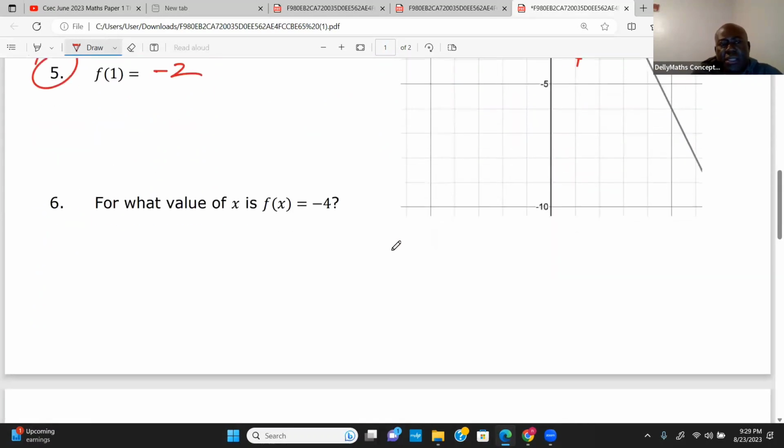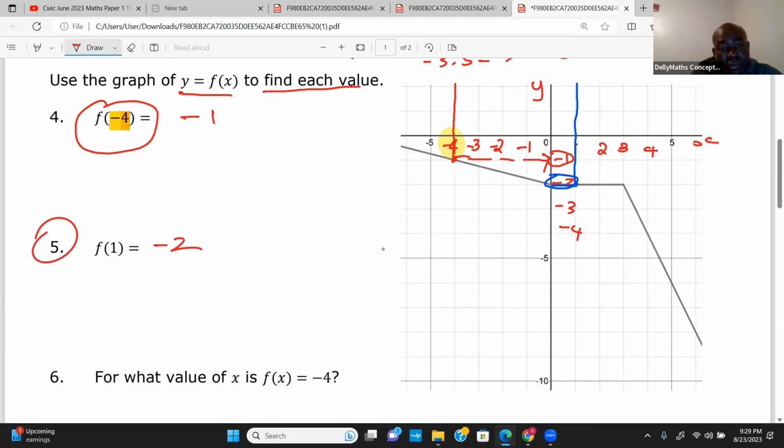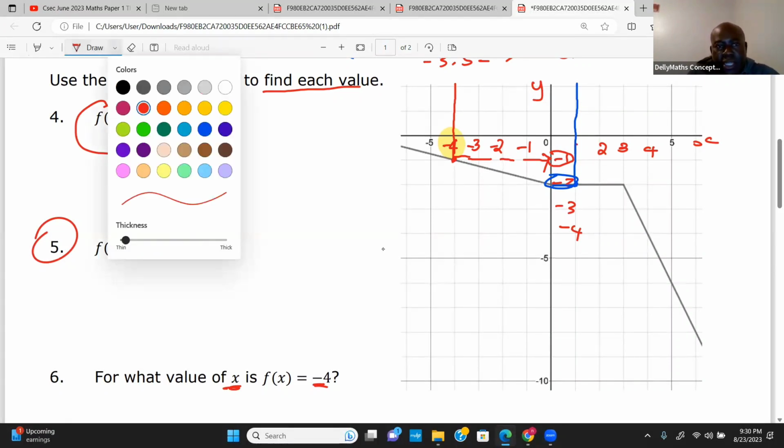Let's go to number 6. Number 6 says, for what value of x is f of x negative 4? If you notice, this time we actually got the output. And if we got the output, we want to know what input would have produced that. So in other words, we're going to start on the y-axis because we got the output, right?